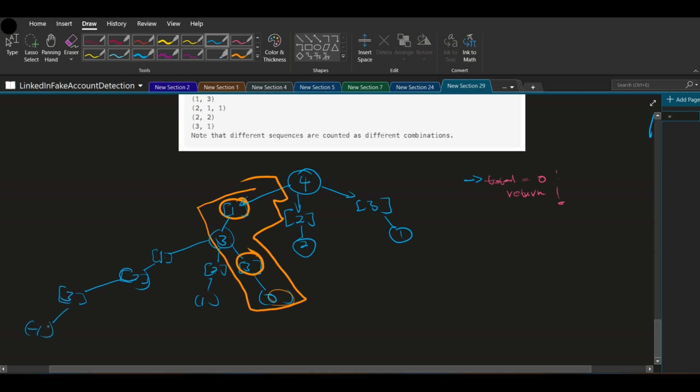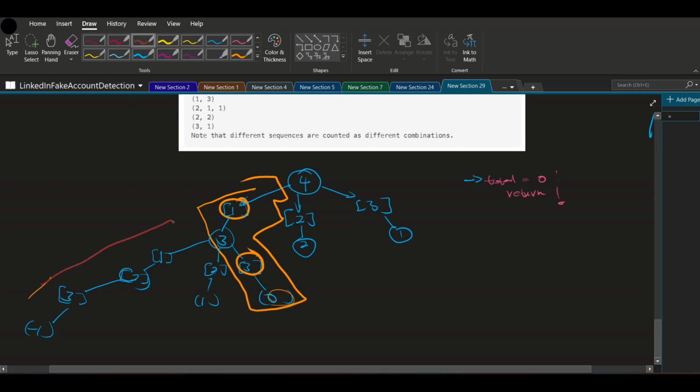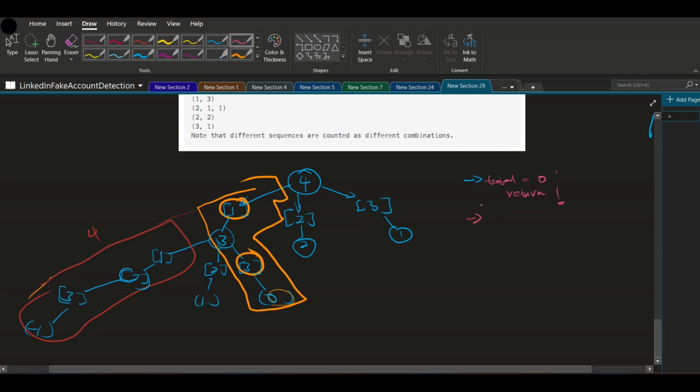When we get negative 1, it simply means that this path cannot sum up to the root, cannot sum to 4. So we have to return 0, so it does not count. If total is less than 0, we make sure we return 0.